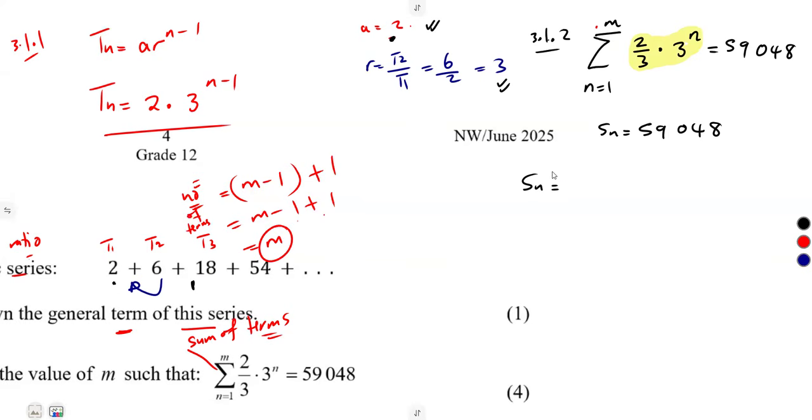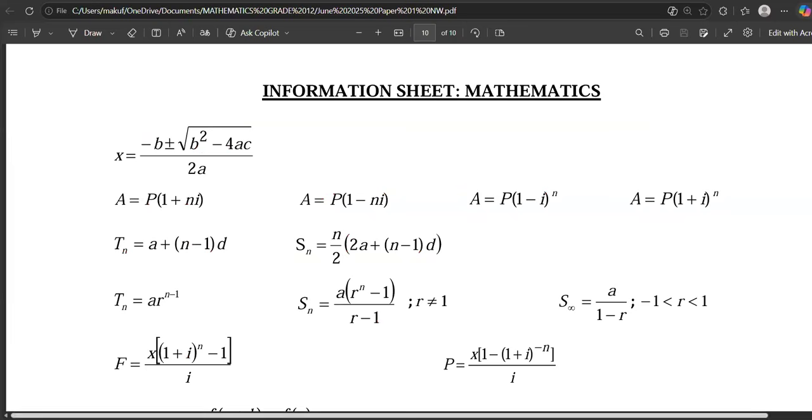So remember that our Sn for a geometric series, we are also given this from our formula sheet. This is where we have got our sum of terms.